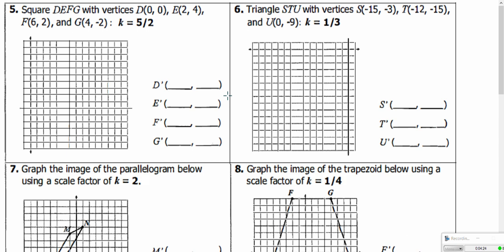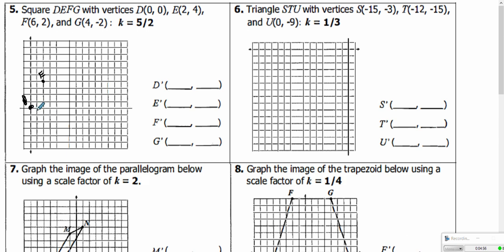So this one here, D, E, F, G. Let's start with our original. D is 0, 0. Notice the arrow right there. So 0, 0 is going to be right there. E is 2, 4. F is 6, 2.